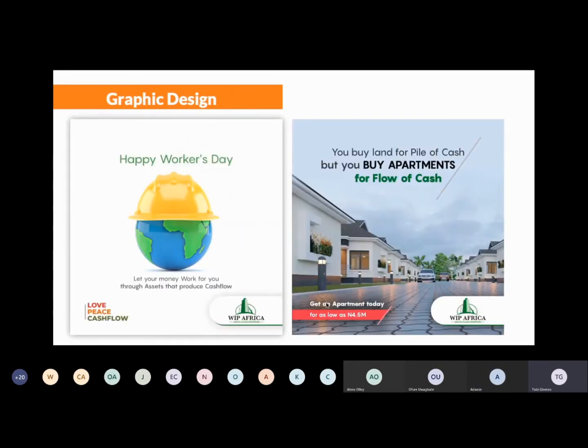Now, can we all see the white space in the first design? Sorry, the Happy Workers Day. Can we see that it's bigger than Let Your Money Work for You? Yes. Good. That is the function of size. Why is that? Because Happy Workers Day is more important than Let Your Money Work for You, right? So you need to know what is important and make it bigger.